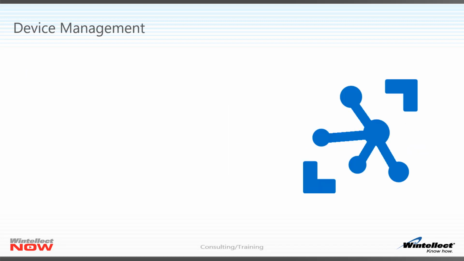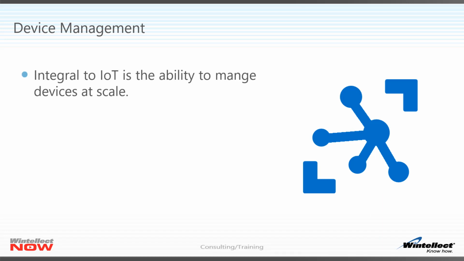So with that in mind, that's kind of the middle piece, the edge piece, and I want to talk about device management now, which is how you get devices onto an IoT solution. Now, integral to any IoT solution is the ability to manage these devices at scale, and this is typically where your cloud solution really comes in handy, regardless of whether you're a developer or a system administrator or you're just trying to figure stuff out.